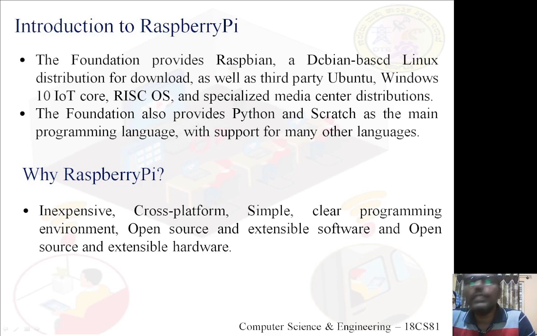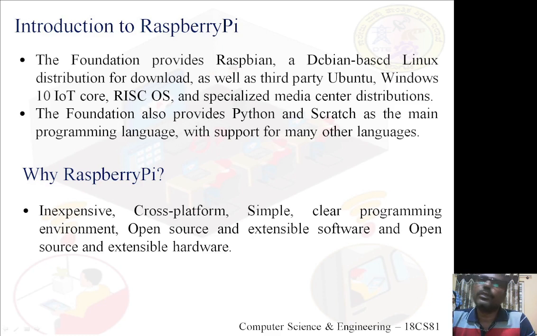Now let us see why we need to use Raspberry Pi. The first advantage of using Raspberry Pi is it's inexpensive. The other advantage is it's cross platform. Why do I say it's cross platform? Because you need not load only a Linux operating system. It supports even Windows.